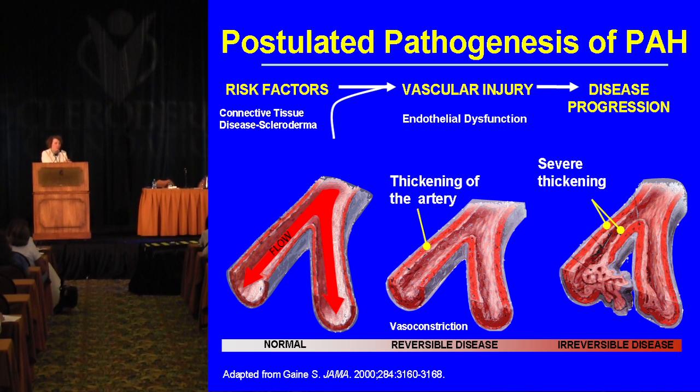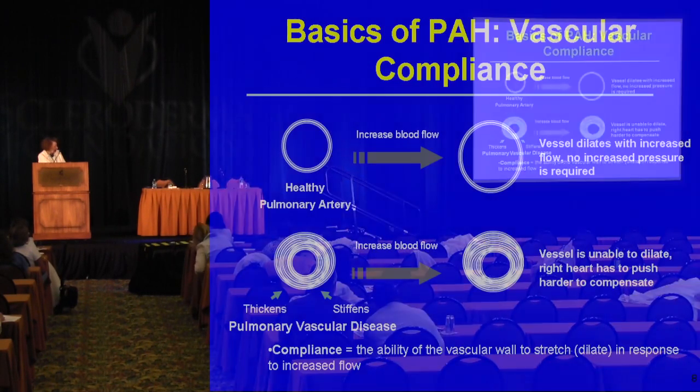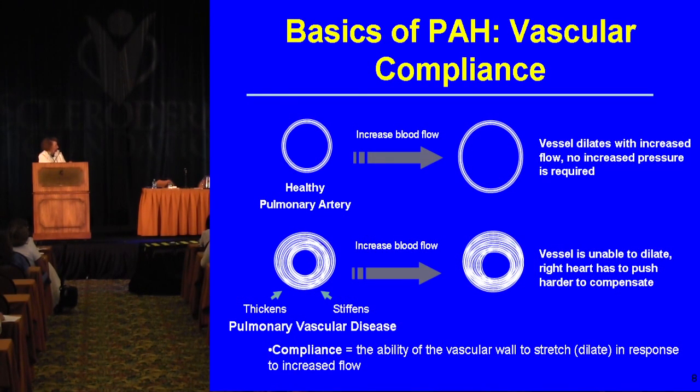And so what I'm going to be talking about now are some of these risk factors for these different types of lung disease. I'll go a little bit more into the compliance of these vessels.